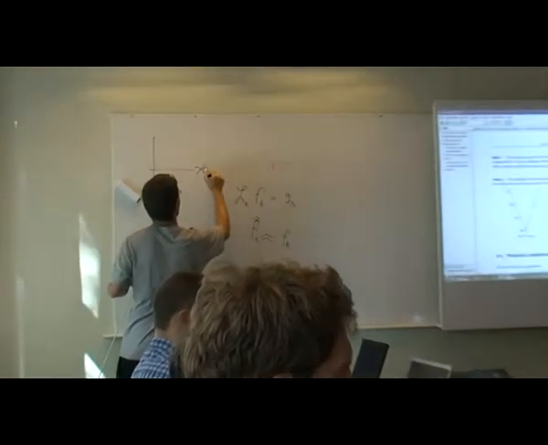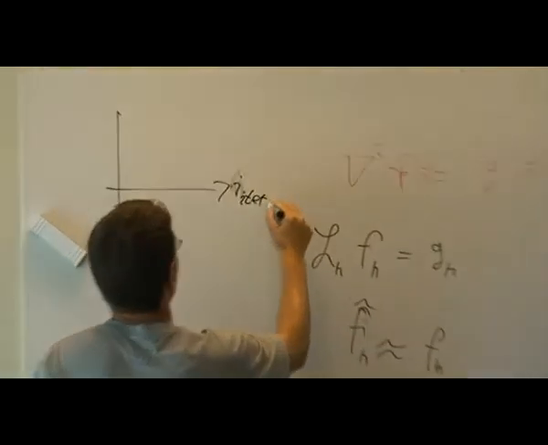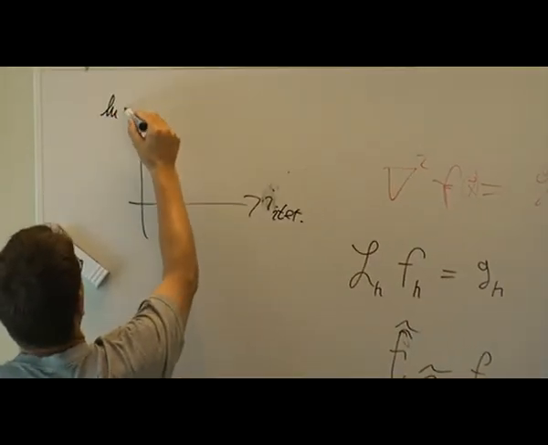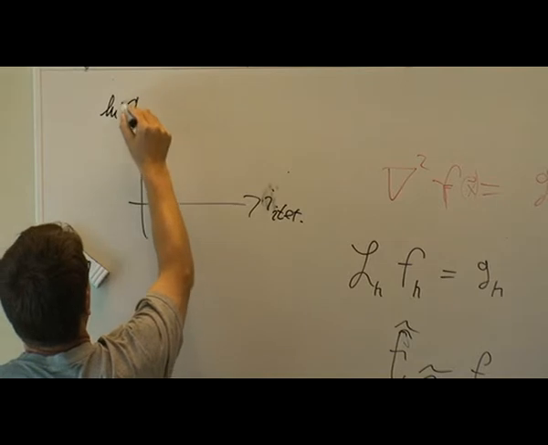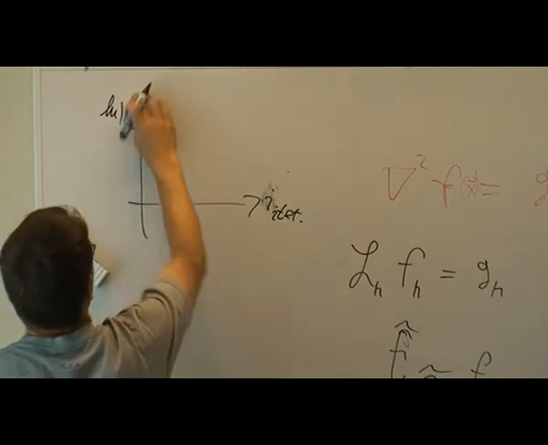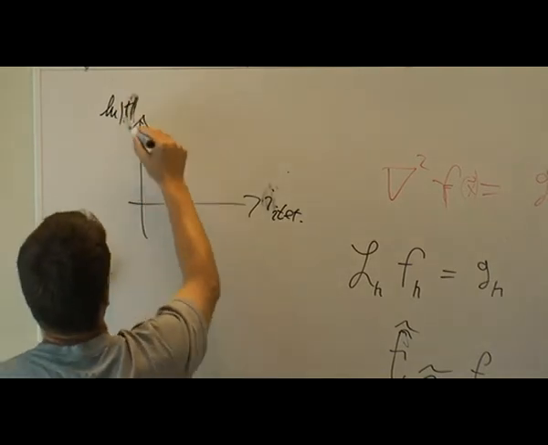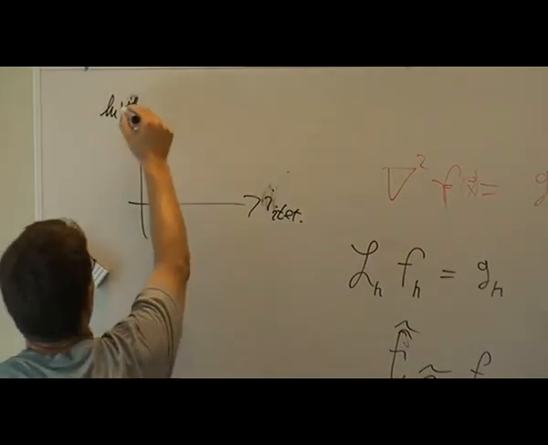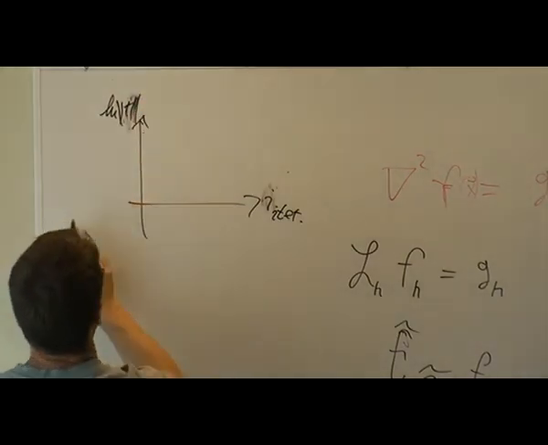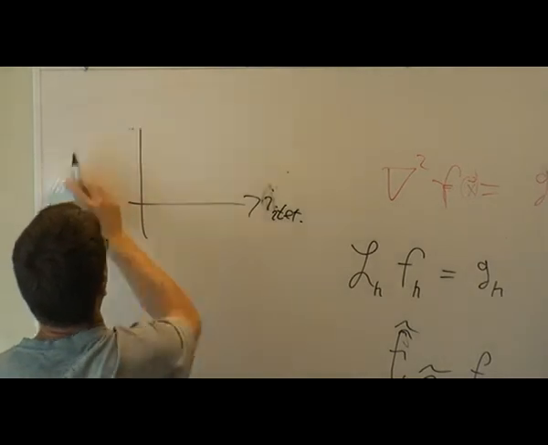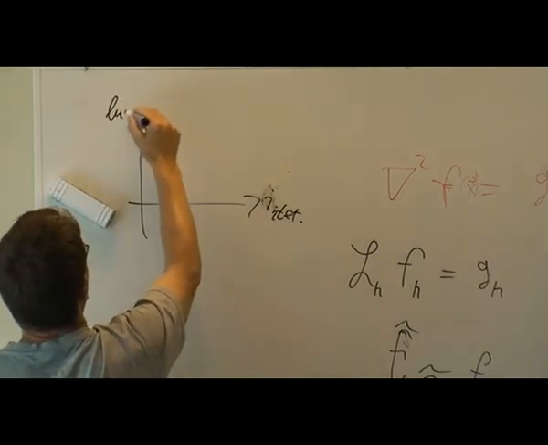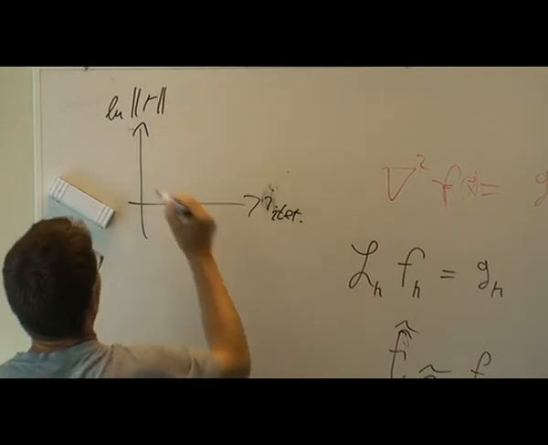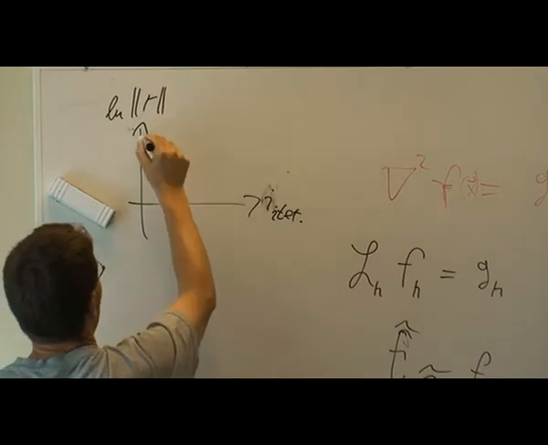Well, this is the iteration, and this is log. Say that can be the residual. That's the quantity we can easily monitor because we're calculating it anyway; any normal residual will do. Then you find that this goes down.